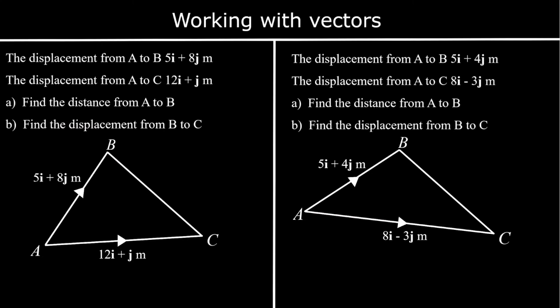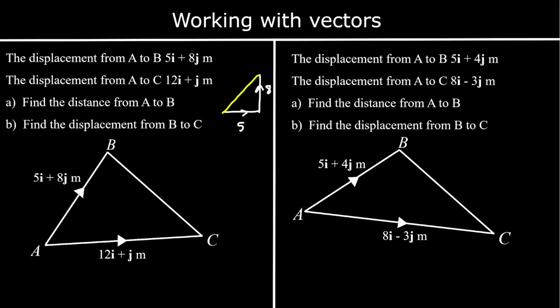Here's another question. The displacement from A to B is 5i plus 8j meters. From A to C is 12i plus j meters. Find the distance from A to B. So we know displacement, along 5, up 8. So 5, 8, that's the displacement. The distance, we use Pythagoras.